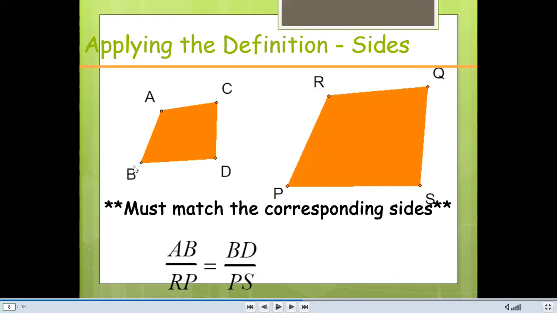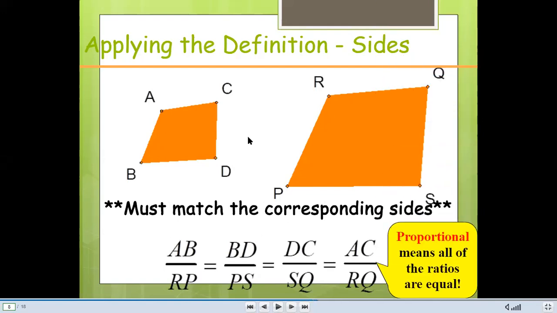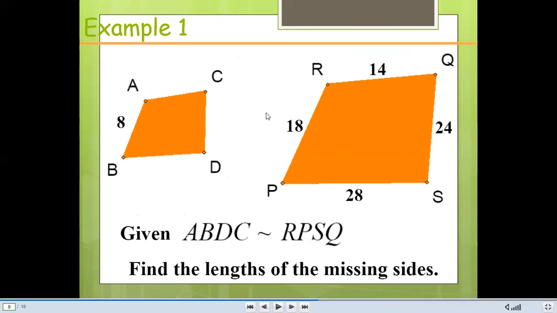Then continue, please. BD over PS, then DC over SQ, and then AC over QR. Yes, thank you. Again, proportional means all of the ratios should be equal.